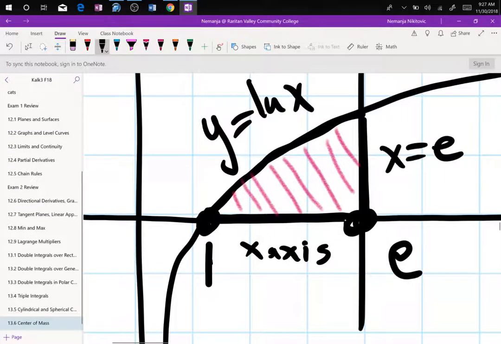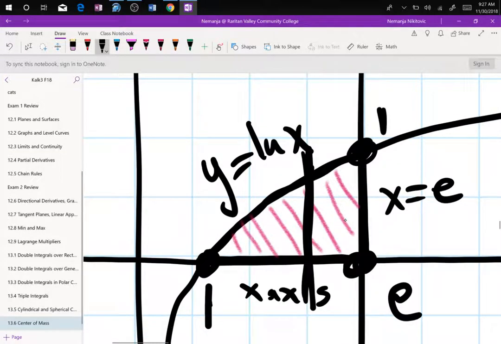E is about 2.7, so 2.1 is definitely somewhere in here, right? The ln of e is 1, so the top over here is 1 on the y-axis. 0.36 should be somewhere on the bottom, which makes sense because it's wide over here. Oh, that's perfect timing because we just finished the lecture. So that's what we have, and it makes sense.